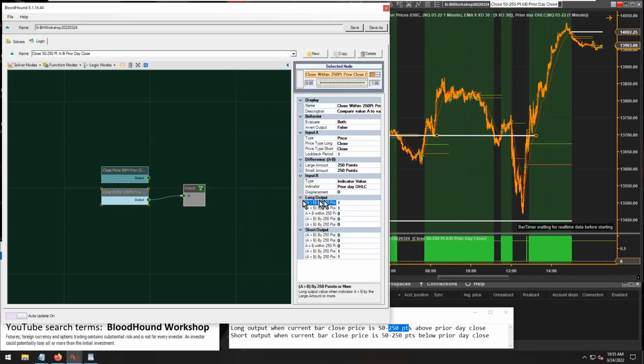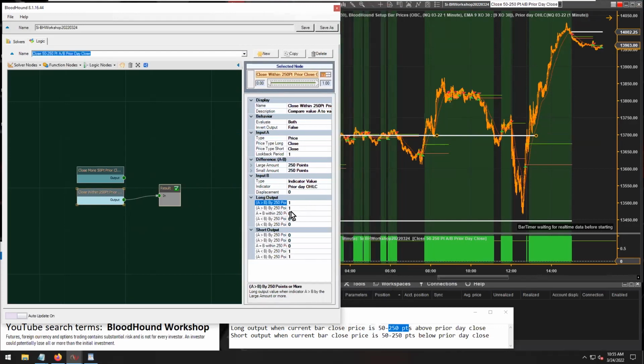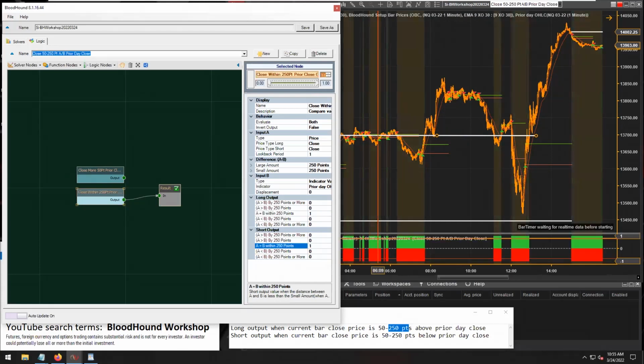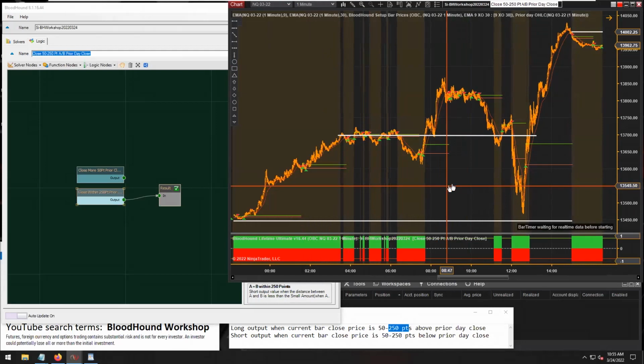So what that should tell us is that we need to adjust our outputs, because we don't want to know when the close is greater than the prior day close. So that's the wrong output there. So let's turn those off. We want to know when A equals B within 250 points. So set that, and there we go.